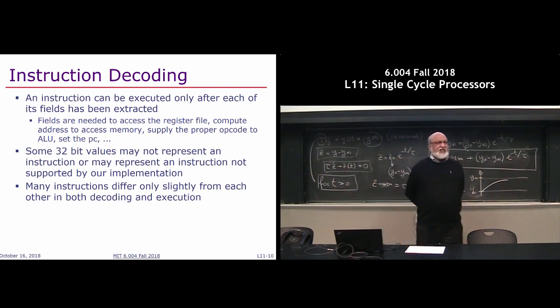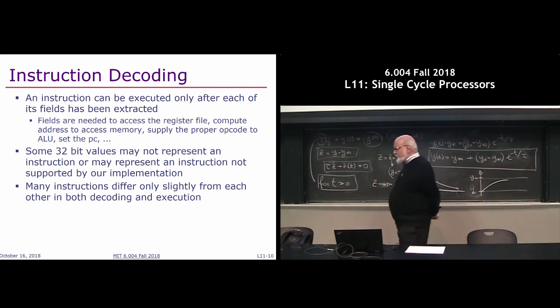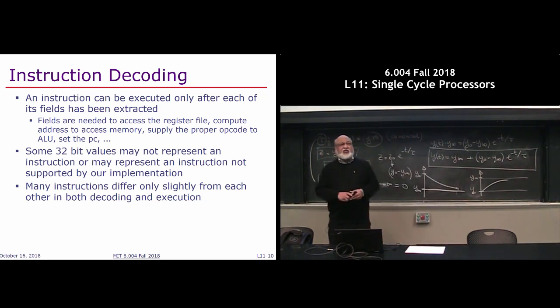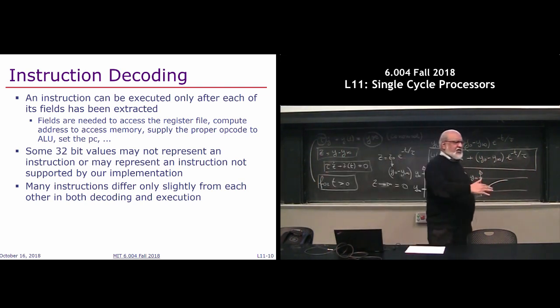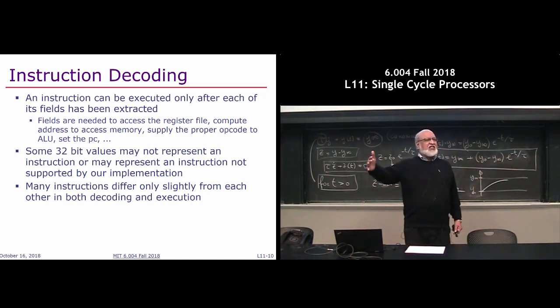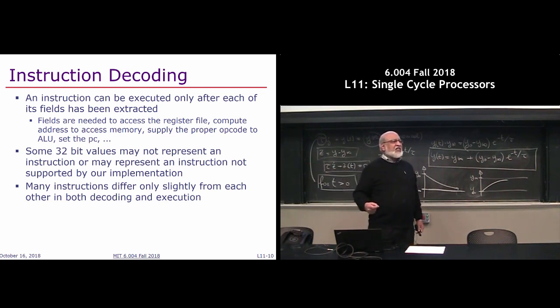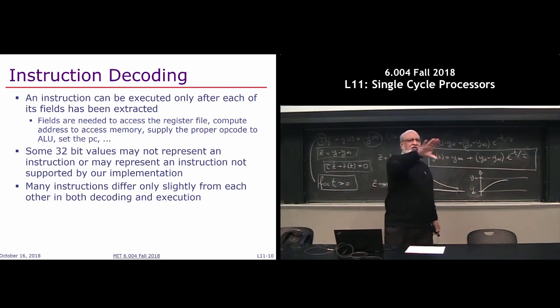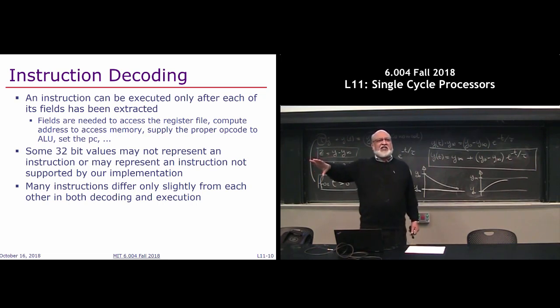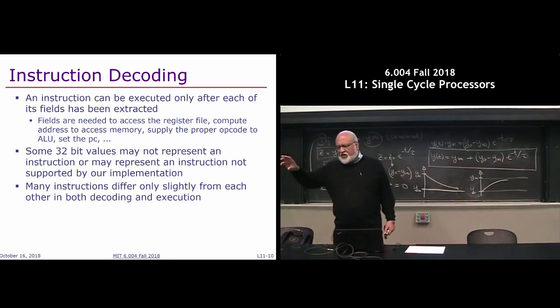The other thing we will recognize is that there's a purpose to this. Why are we decoding it? Because we want to execute the instruction. We want to carry it out. And we will find that many instructions behave almost identically all through the machine. The only difference is you do something slightly different in the ALU. Otherwise I can give you a parameterized execution of a class of instructions which all do the same thing, but at the very last moment when we have to call the ALU, we'll call it with a different function.